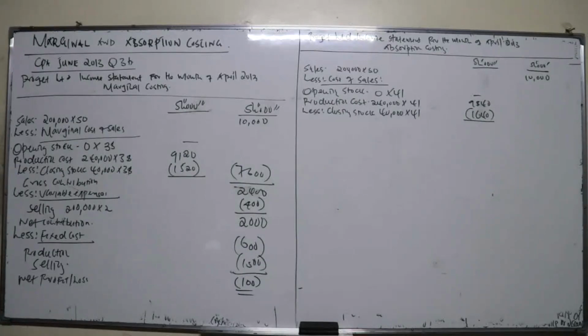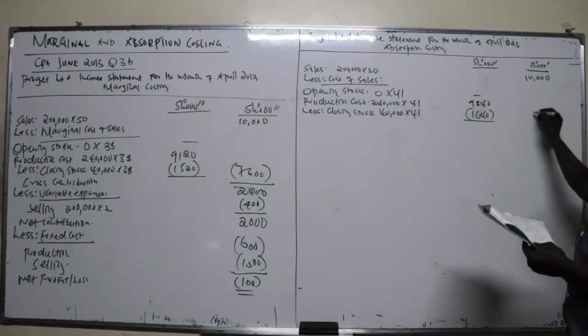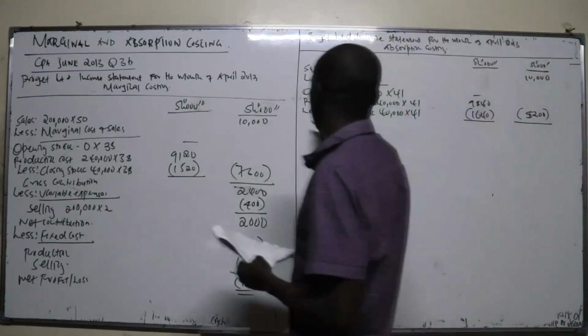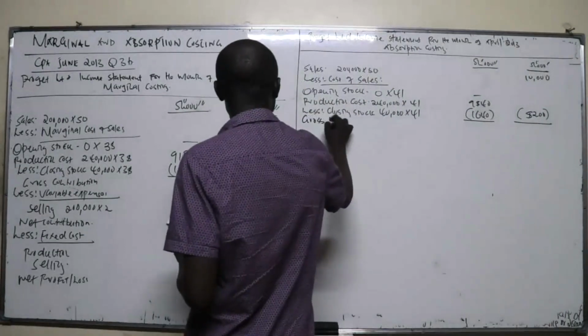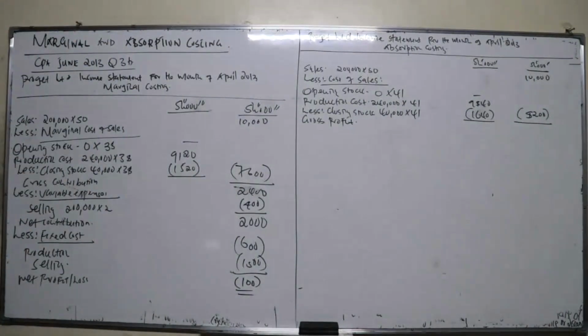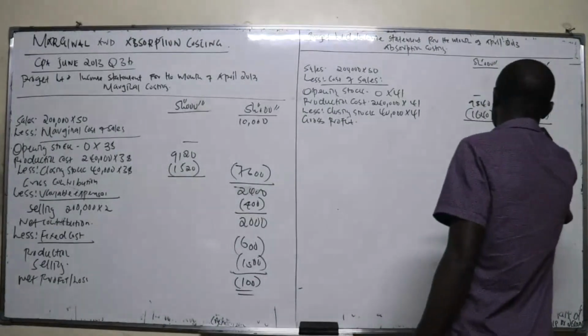It's 200. 8,200. Then here you get the gross profit. So this one will be 1,800.